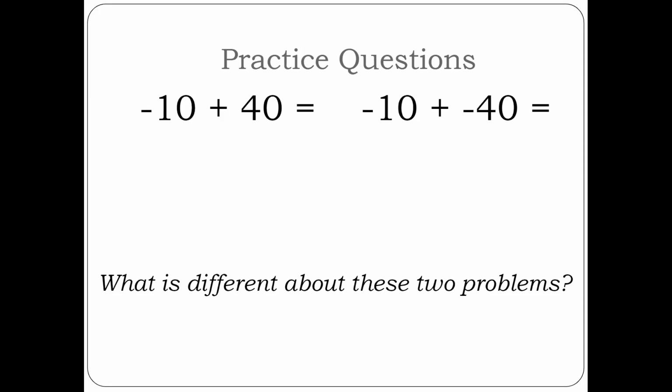The first one on the left has one negative. The one on the right, they're both negative. So you're going to get a different answer. This first one on the left is that second rule. That's subtract, keep the sign of the larger number. So 40 minus 10 is 30. The one on the right, these are both negatives. So those are same sign. I'm going to add them. You're going to get negative 50.